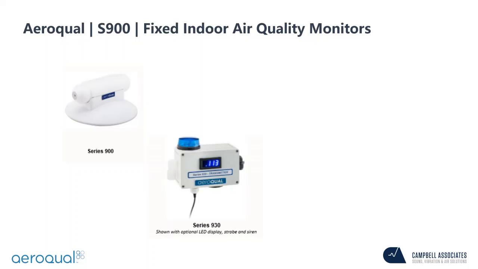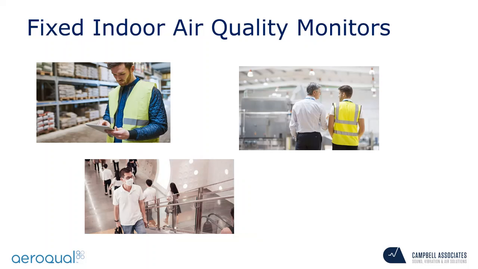So for example, now that we are talking a lot about children's exposure to air pollution, you can install this monitor in schools to evaluate the air pollution levels indoors. It's also useful if you want to monitor the indoor levels in public buildings or for industrial applications.